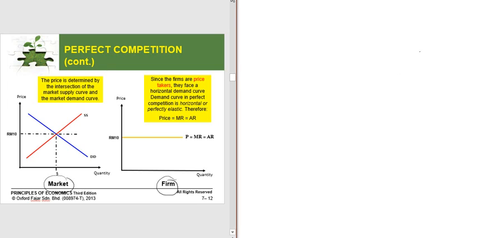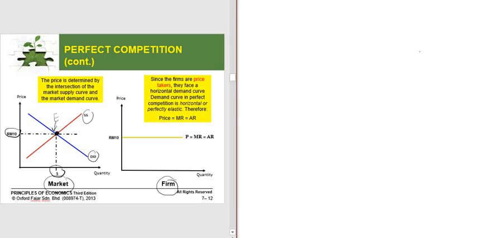So you have here the price, the market demand and the market supply curve, and at the intersection, as what you have learned from topic 3 on the market equilibrium, this is what we call market equilibrium, depending on the market demand and market supply. This is the point where you will get the equilibrium price as well as equilibrium quantity.